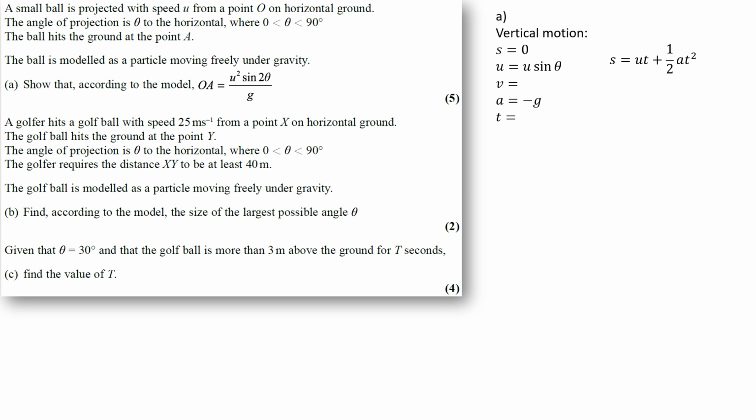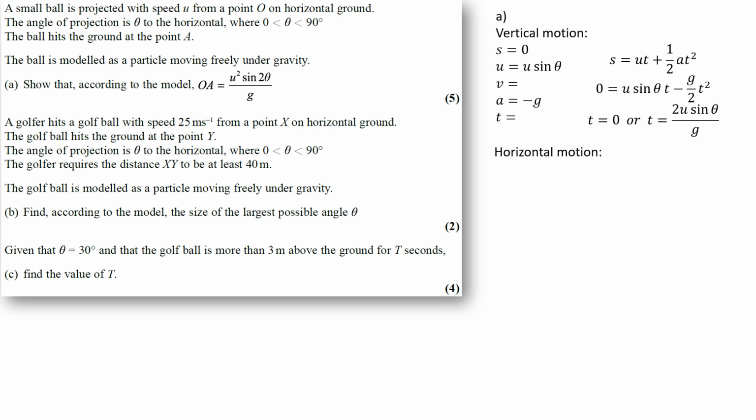It's neither higher nor lower at the end than it was at the beginning. The initial speed is u sine theta because we're looking at the initial vertical speed, the upward speed, and because acceleration acts downwards, I'm giving that a negative. s equals ut plus half at squared will allow me to calculate the time, and I know that time is the most useful thing to find because that's the thing that connects vertical and horizontal motion together.